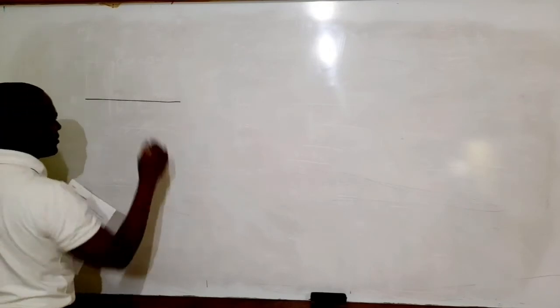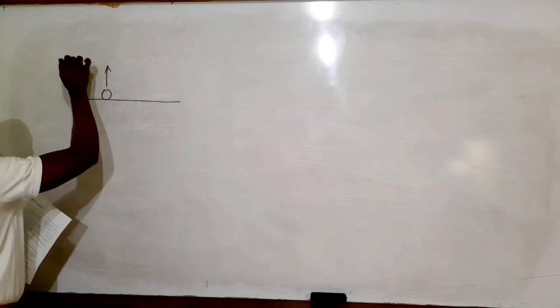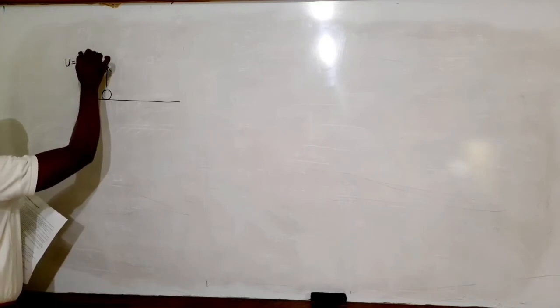So basically, let me try to represent the situation on a little diagram. The key word there is try. So we have stone 1 being thrown vertically upwards with a velocity of 7 meters per second, right?